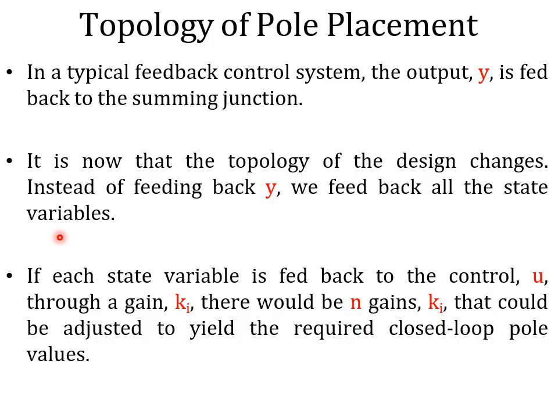If each state variable is fed back to control input u through a gain ki, that would be n gains according to the size of the system, ki, that could be adjusted. We can adjust these ki's to yield the required closed loop pole values.